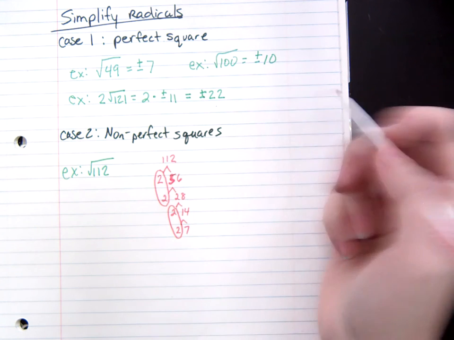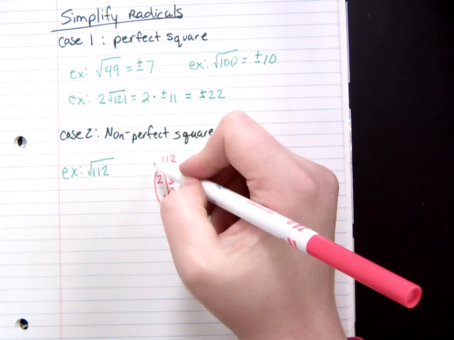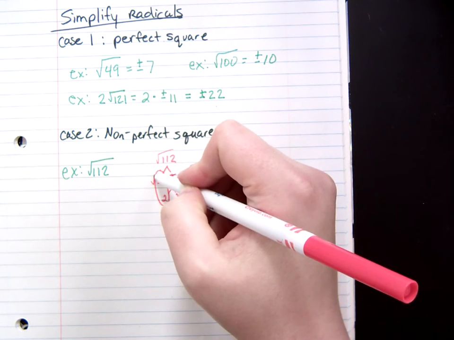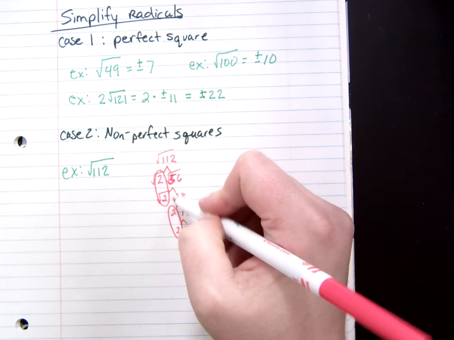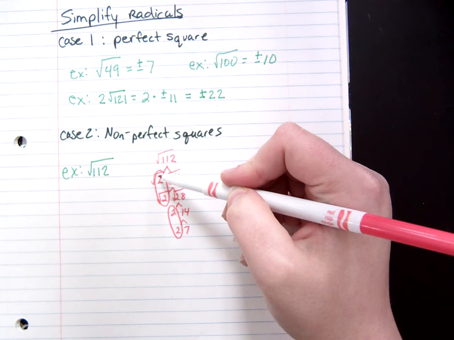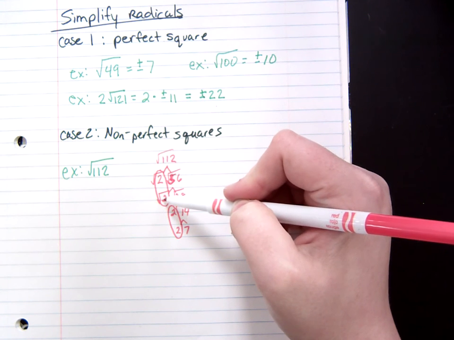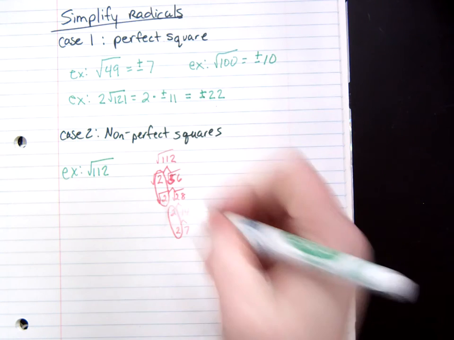Because basically what I technically have here are square roots. The square root of 112 is equal to the square root of 2 times the square root of 2, and so on. They're all square roots. And the reason I'm pairing them off is because if I multiply the square root of 2 times the square root of 2, what I'm going to get is just 2.